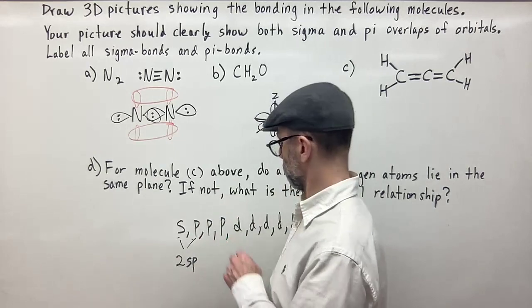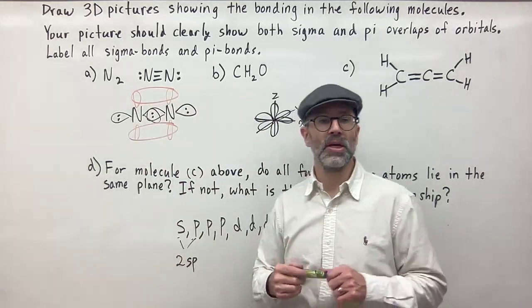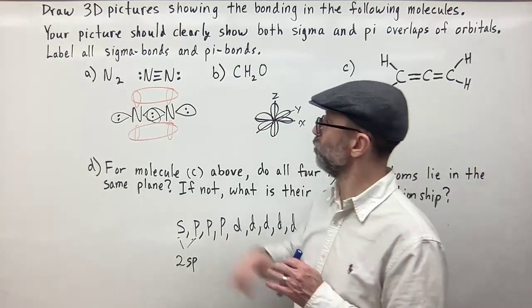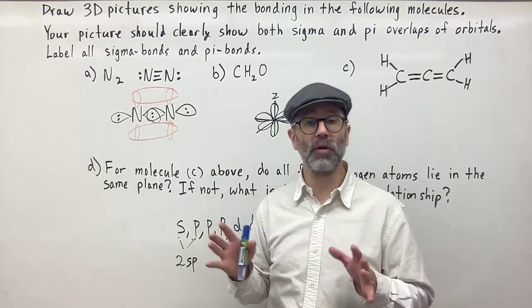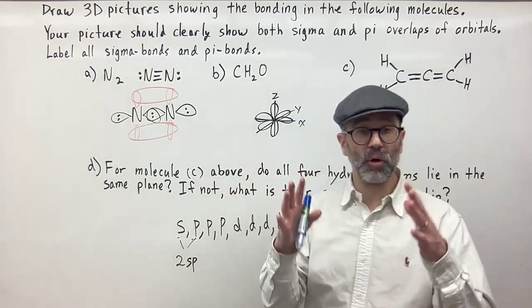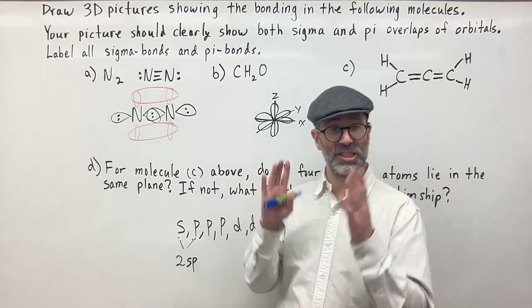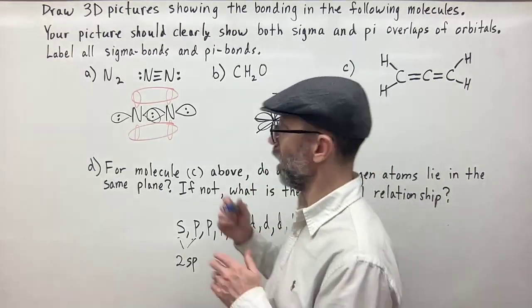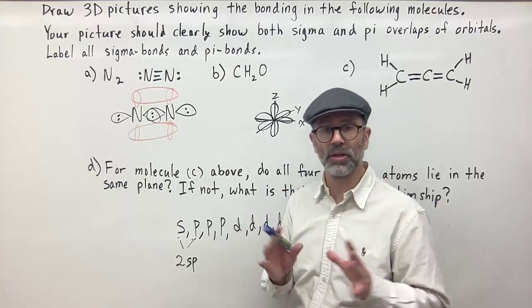And then I'll use blue this time. So then you also have a second pi bond that comes from the overlapping of another 2 unhybridized p orbitals on the 2 adjacent atoms. So again, this is where your artistic abilities are going to come in.